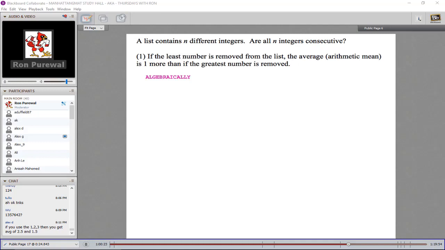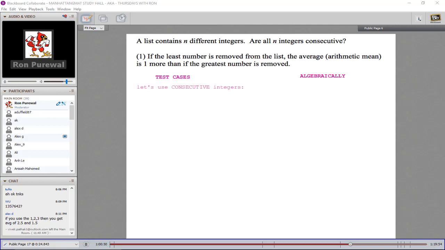Okay. You can do this algebraically, or you can do it by testing cases. Let's test cases first, because we're going to prove it algebraically later. Let's use consecutive integers.